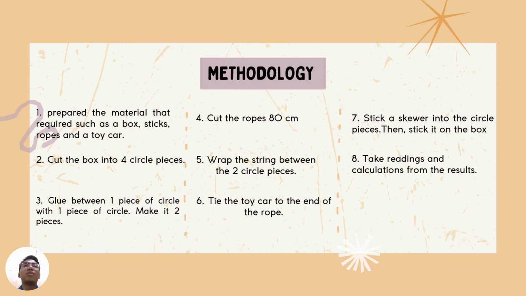Then we cut the rope 80 centimeters. Next, we wrap the string between the two circle pieces. Number six, we tie the toy car to the end of the rope and stick a skewer into the circle pieces, then stick it on the box. And lastly, take readings and calculations from the result.